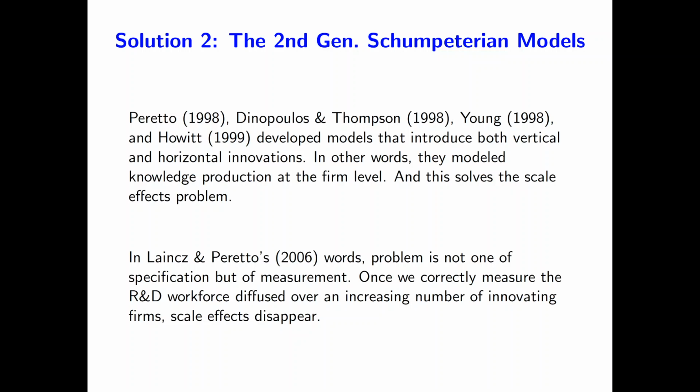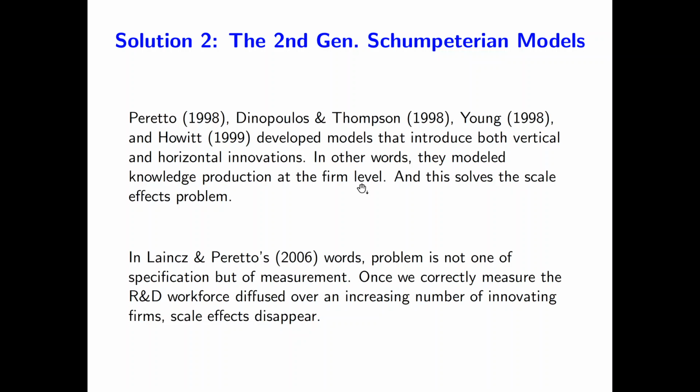All right. So first and second generation Schumpeterian models do not assume that there are decreasing returns to knowledge, because that's a shaky assumption. I mean, it's not certain that there are actually decreasing returns to knowledge in the actual economy. So for that reason, they look at the knowledge production at the firm level, and that solves the problem. Why?